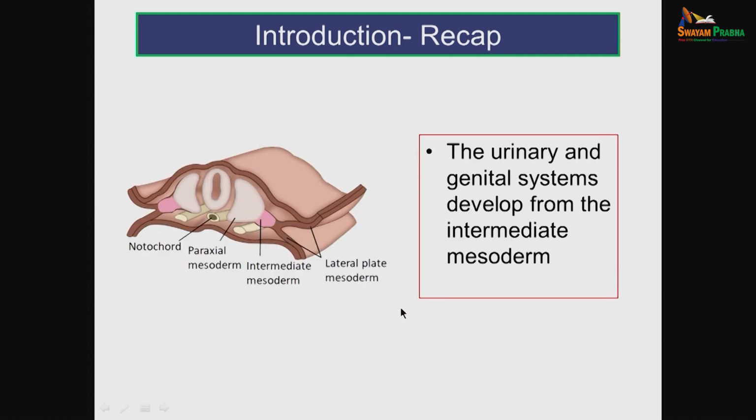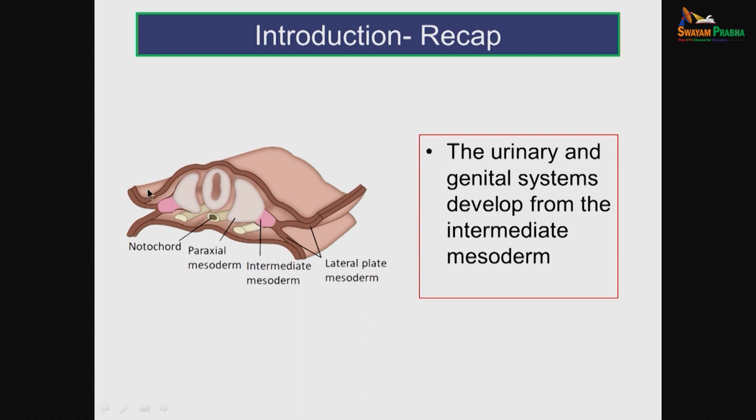We will also revise the relevant development of the embryo during the early weeks before folding of the embryo. If you look at this picture, this is the embryo in the form of a trilaminar germ disc, and this is before folding of the embryo.